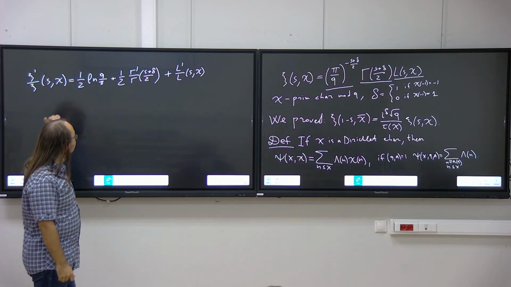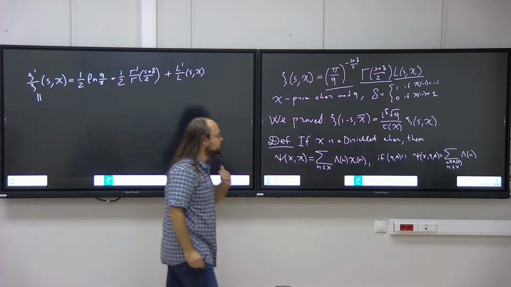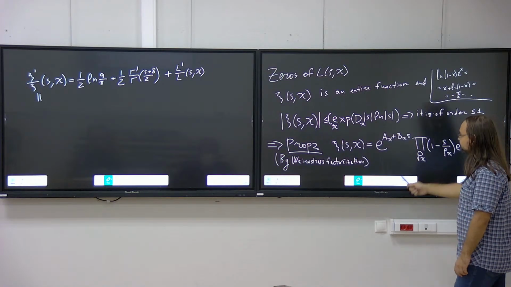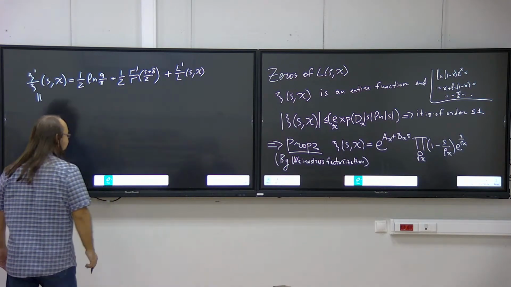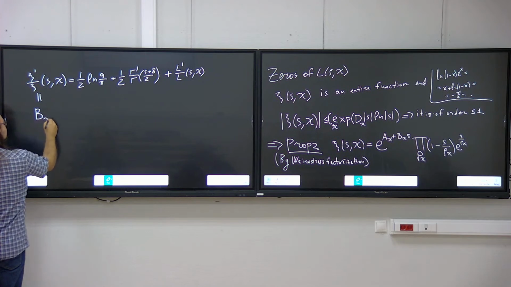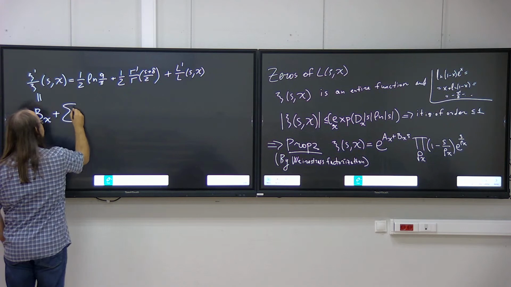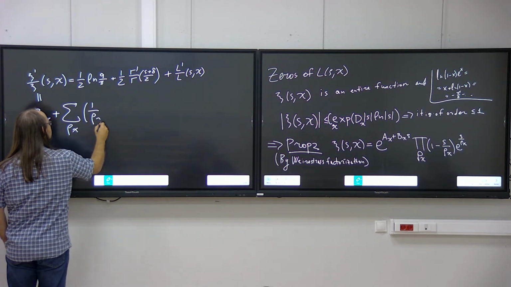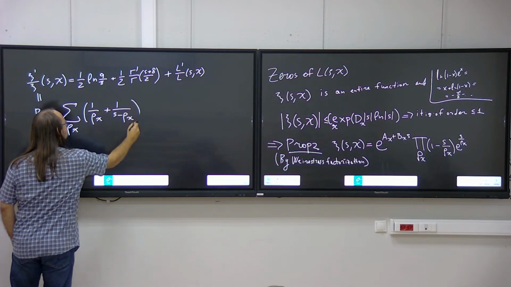On the other hand, this is equal to the logarithmic derivative of the product expansion here. So let us differentiate. This is equal to b sub chi plus the sum over all rho sub chi of 1 over rho chi plus 1 over s minus rho chi.